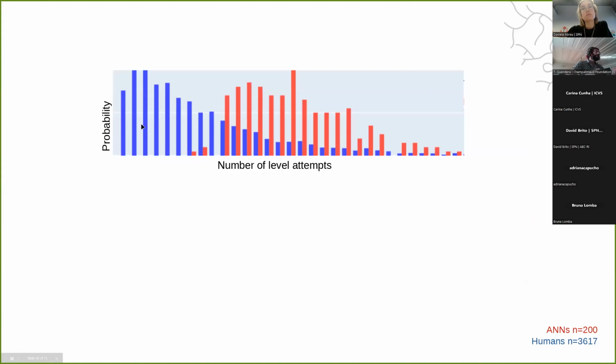Now, if we look at the probability of completing a level, meaning of getting enough rewards to meet a certain threshold of our choice, we see that distributions of when subjects complete the levels are quite different.